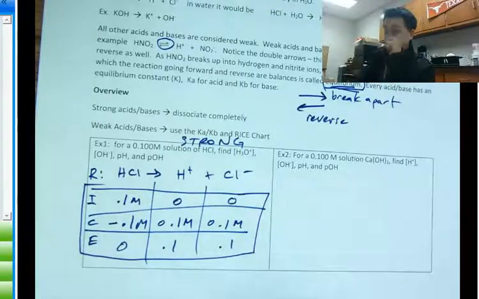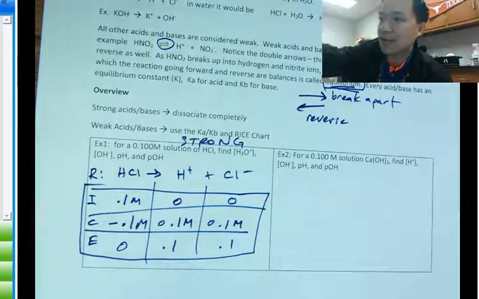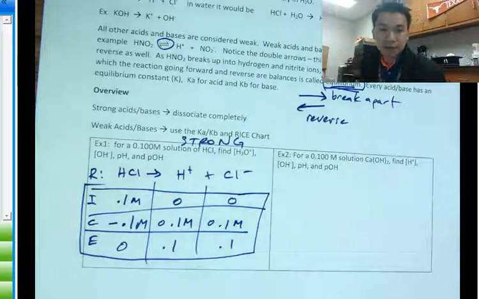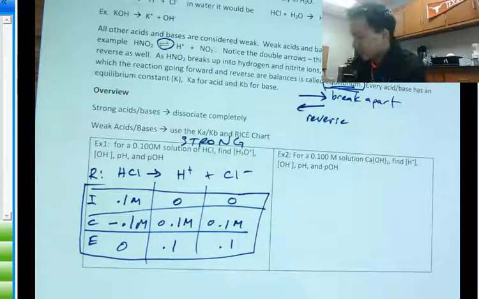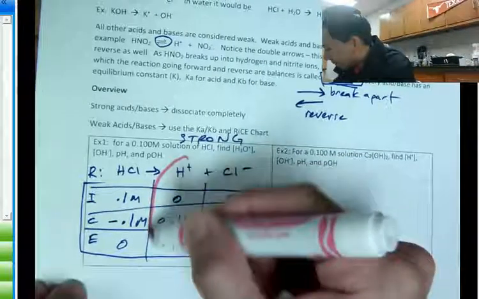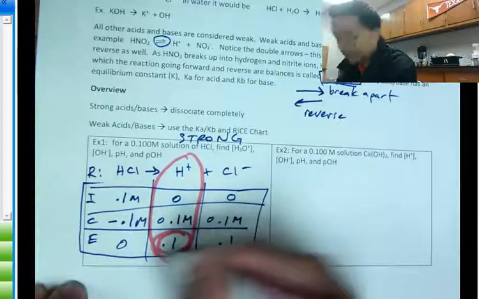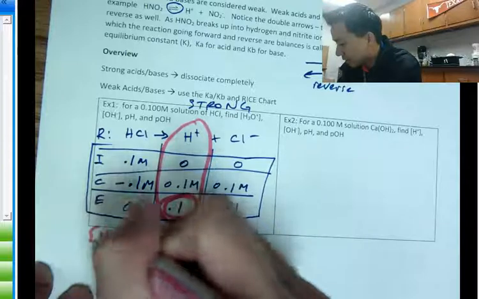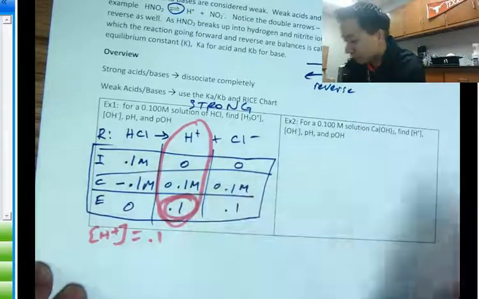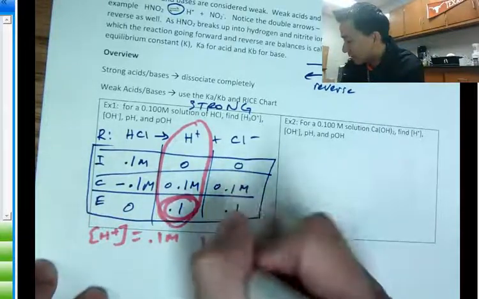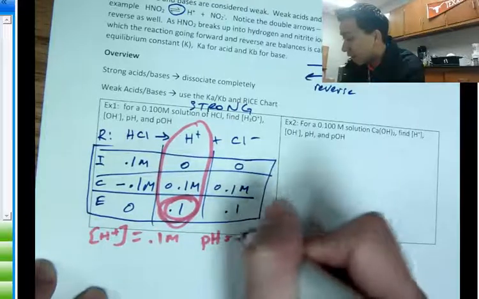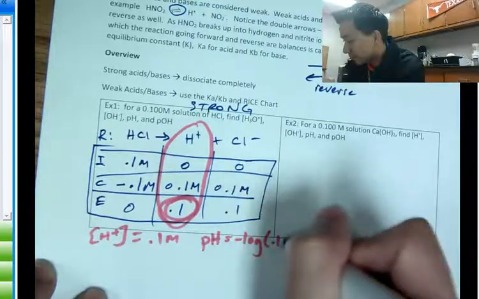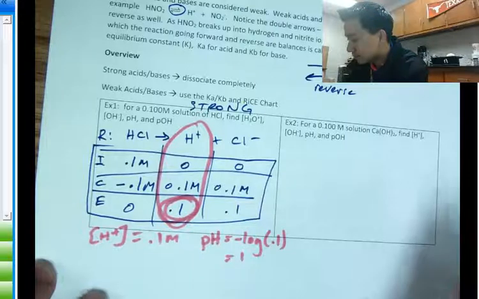Now the question is asking us to calculate the H plus, and this gives us the H plus right there. That is 0.1, the final. So the H plus concentration is 0.1 molar. So the pH is equal to the negative log of that, which is equal to 1.